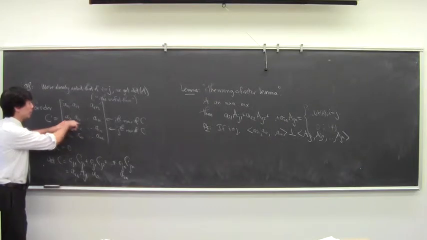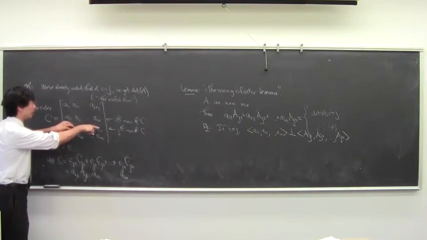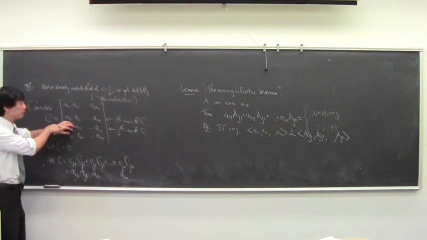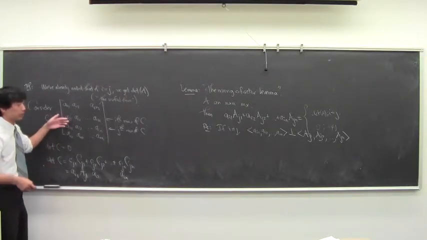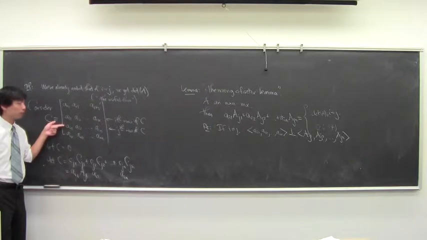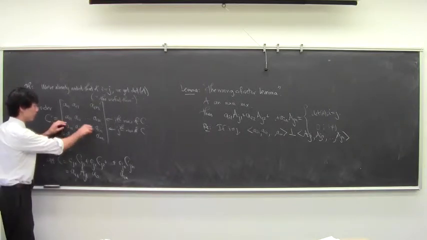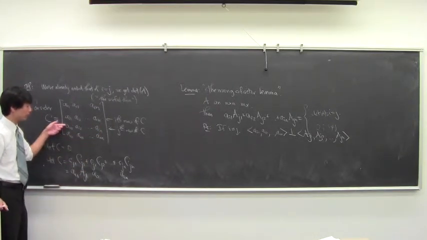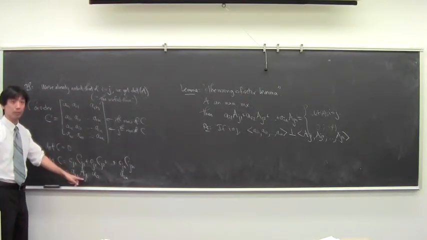But if we cross off the jth row, C and A are the same matrix. C and A are identical, except that the jth row of C is a copy of the ith row. So the determinant of the minor matrix of C is the same thing as the determinant of the minor matrix of A.